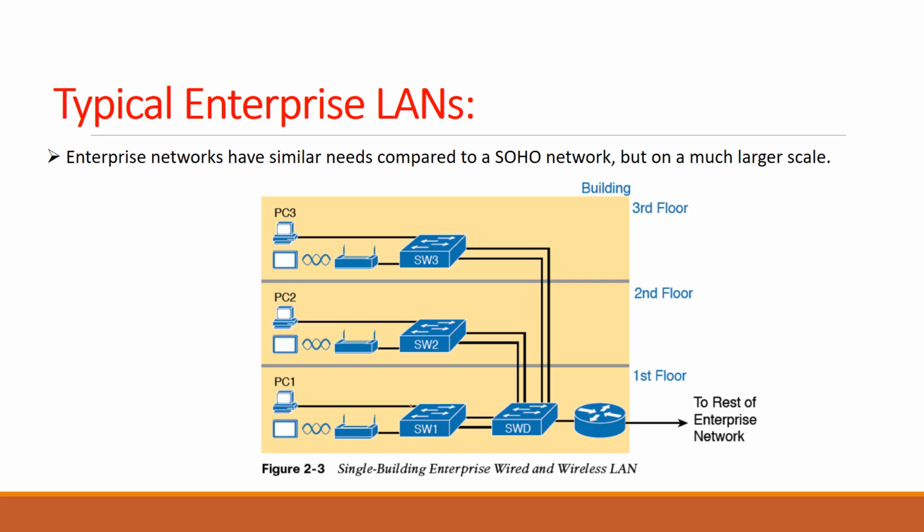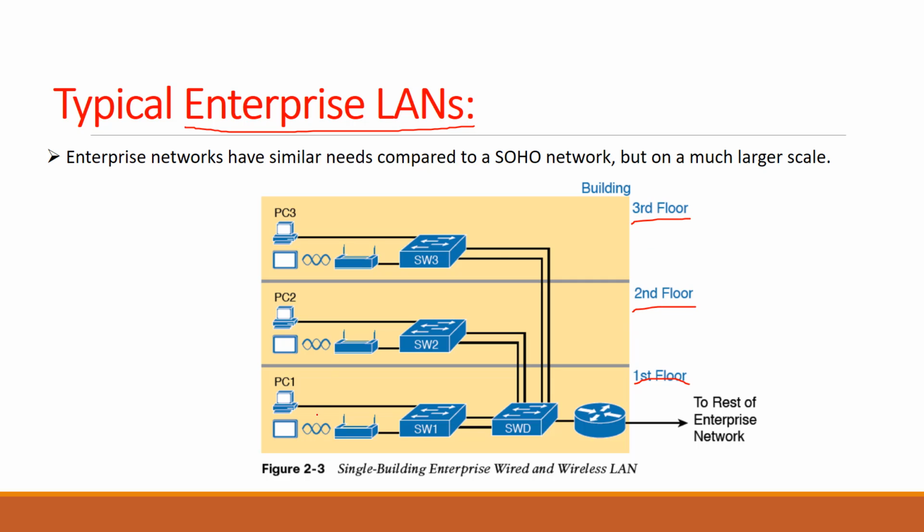Instead of small office, home office, there is another type of LAN called enterprise LANs, which is different from the small office, home office network, but has some similarities, and is for large scale. In this figure, we have 3 floors in a building: first floor, second floor, and third floor.